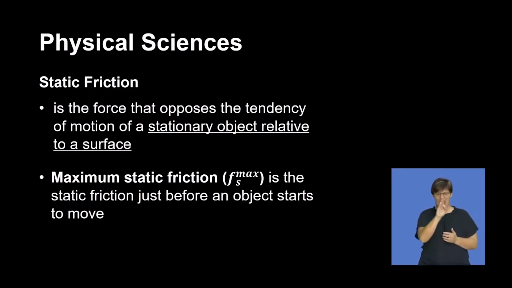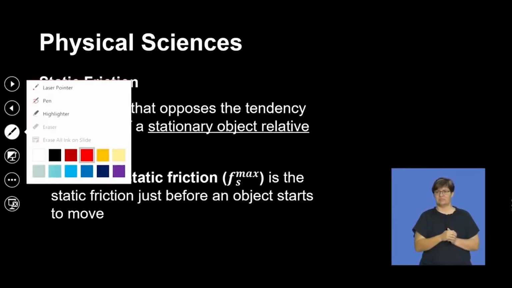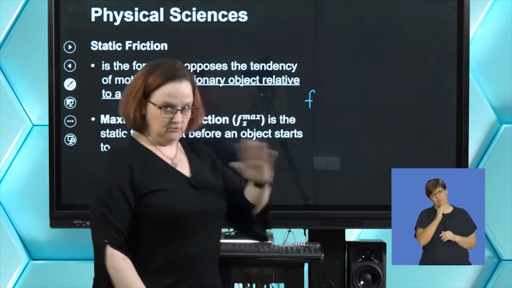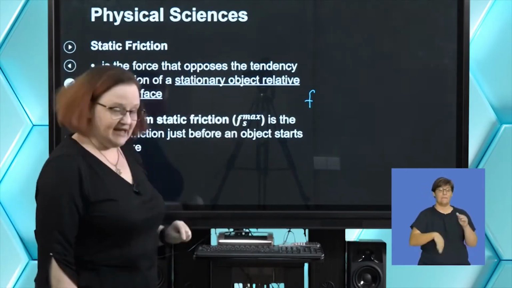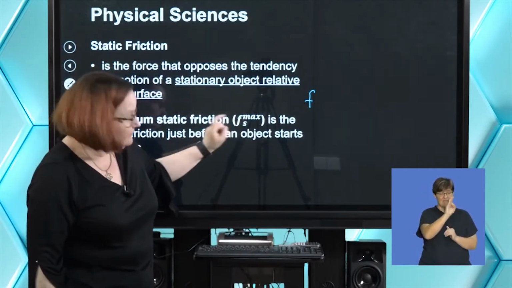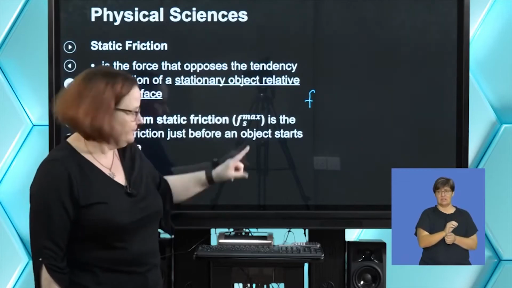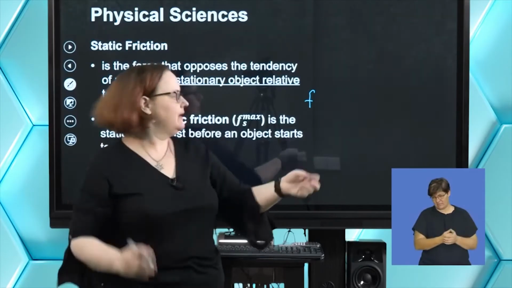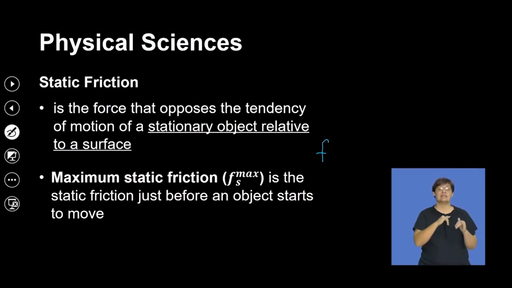Though, if you did write it as a normal F like that, that's fine. We just normally write it slanted. F maximum: F for friction, little f, s for static, max for maximum, okay? It is the static friction just before an object starts moving.